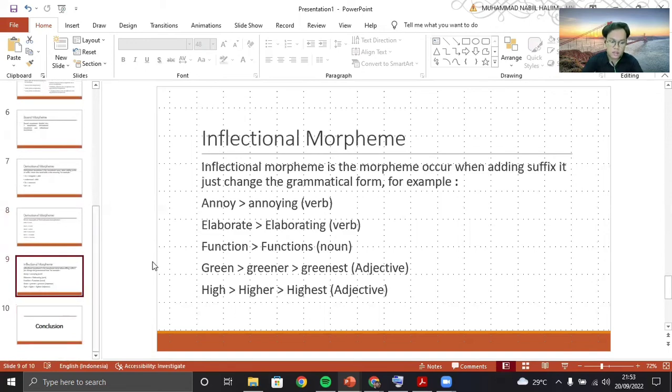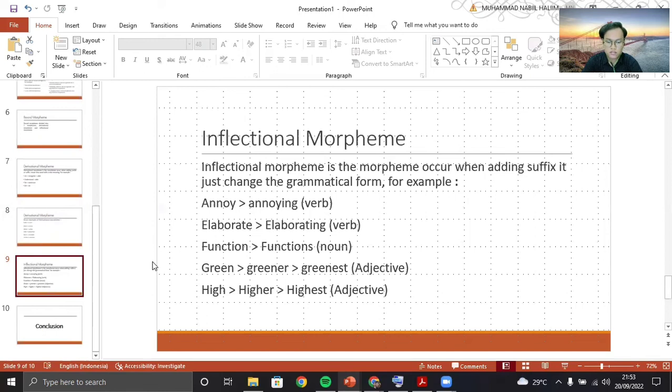We move to the inflectional morpheme. An inflectional morpheme is a morpheme that occurs when adding a suffix that just changes the grammatical form. For example, annoy becomes annoying. It is a verb. It changed to the verb with ing. Elaborate becomes elaborating, a verb. Function becomes functions, a noun.